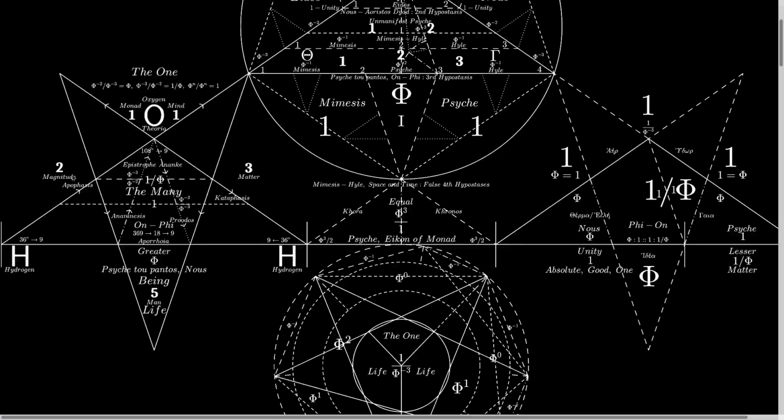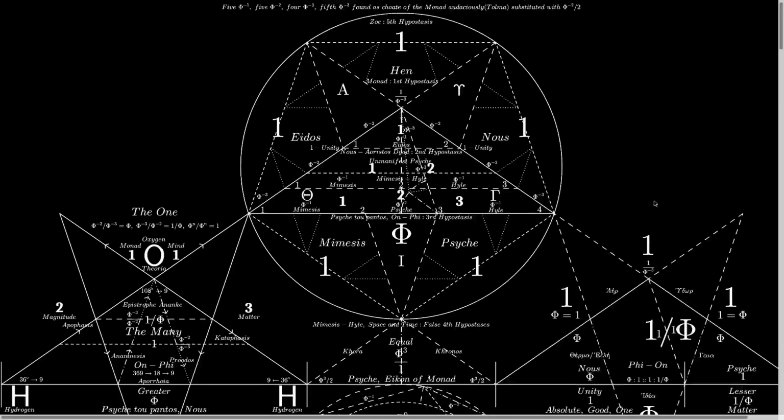So mode, mind, magnitude, matter, and man, which is represented over here as well. Hygeia, Eide, Therma, Hudro, Gaia, Idea, Therma, Air, which is over here as well.